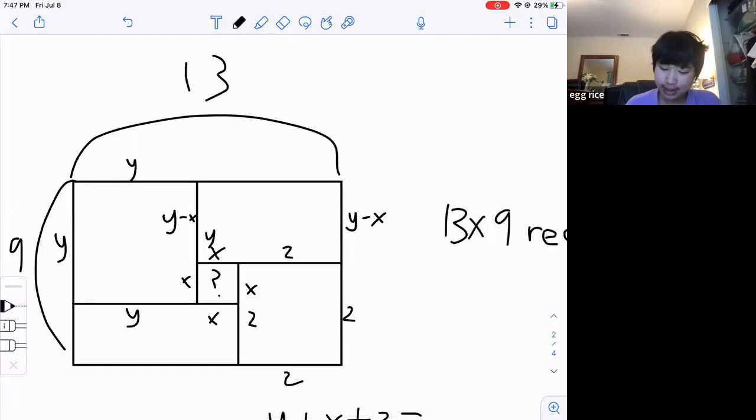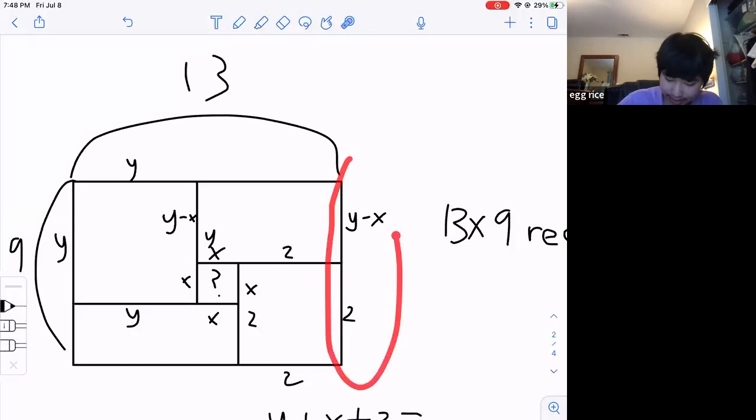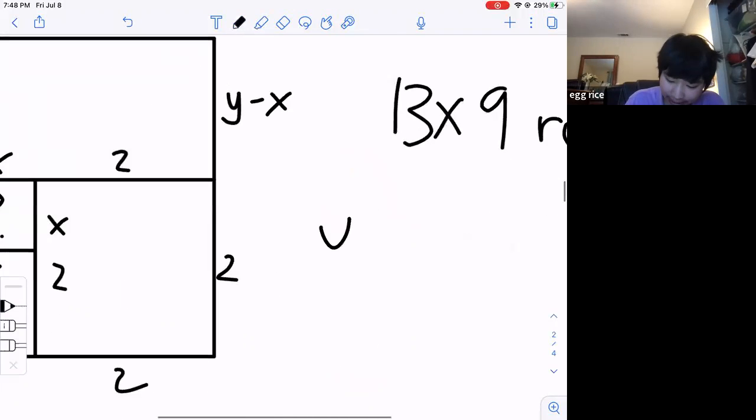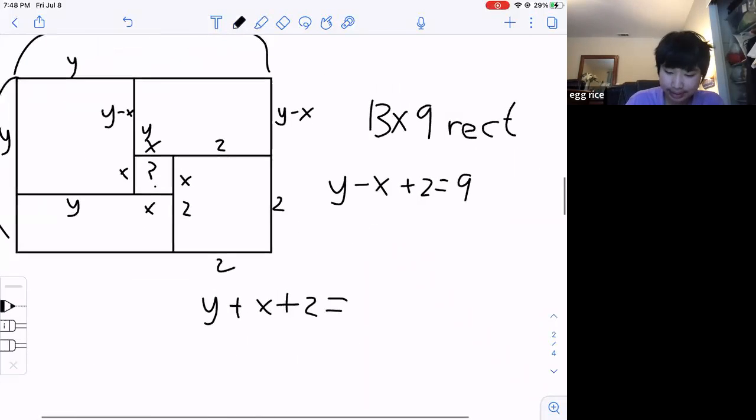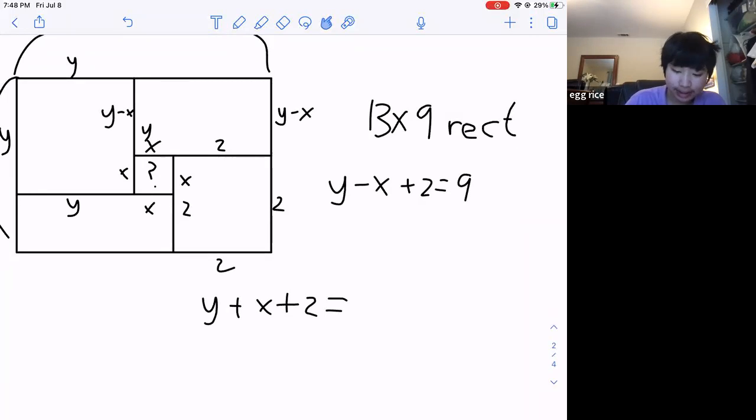So does it make sense? And since we know that this total length right here is 9, we know that y minus x plus z equals 9, which is what Neo said.